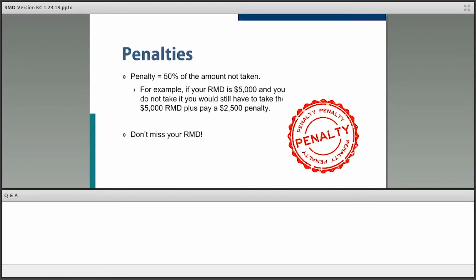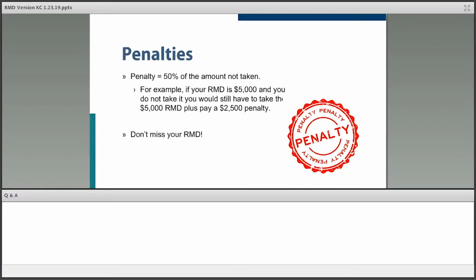Let me go ahead and turn our attention from some exceptions to some penalties that can occur if you do not take your minimum distribution when you're required to. The IRS's penalty for not taking your minimum distribution is 50% of the amount not taken.